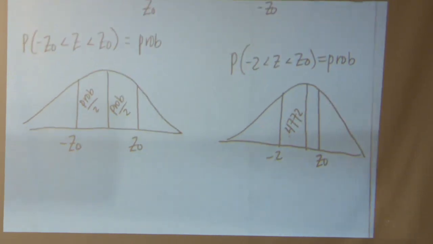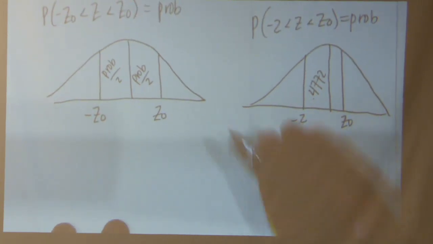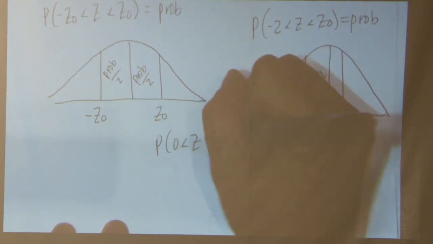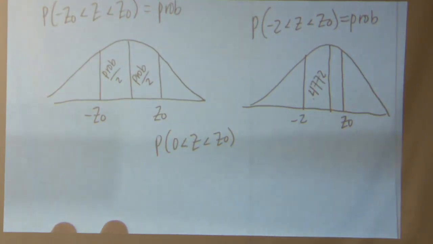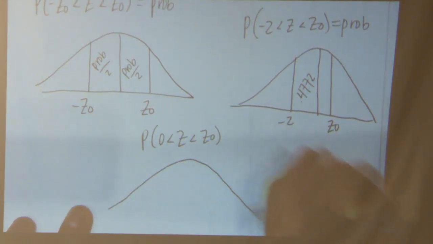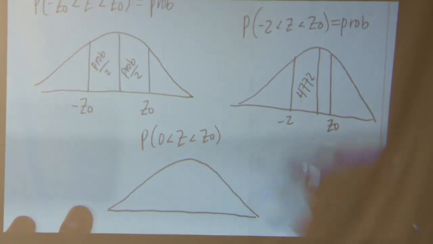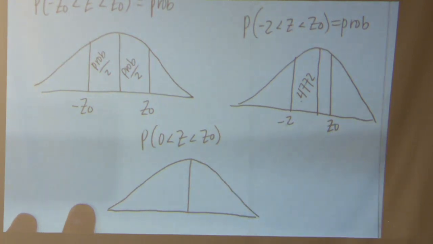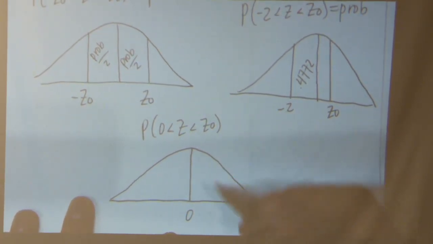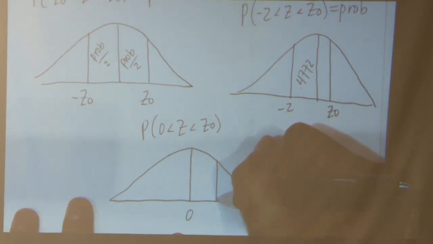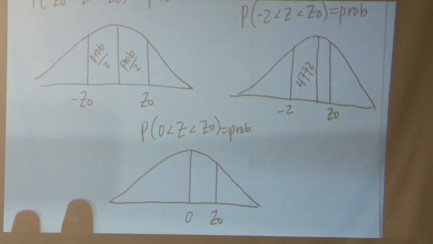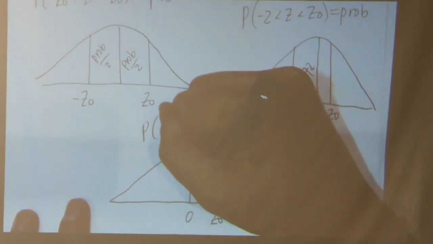And then the last option that's seen is when they go from 0 to z naught. In that case, 0 always goes right down the middle, and our z naught is going to go somewhere on the right-hand side, and whatever probability they gave us is going to be placed in here.